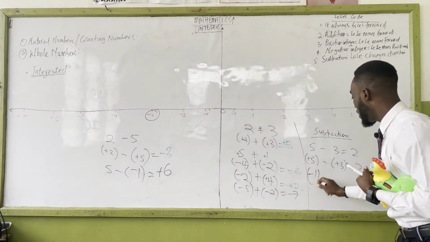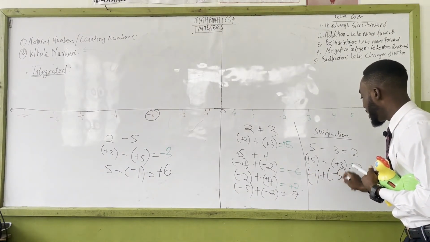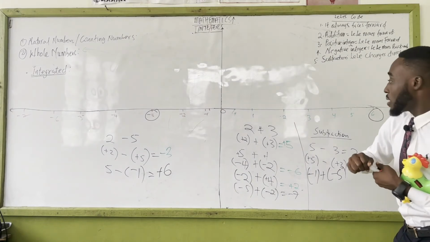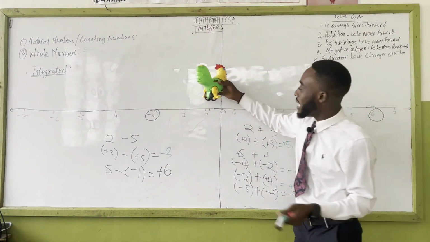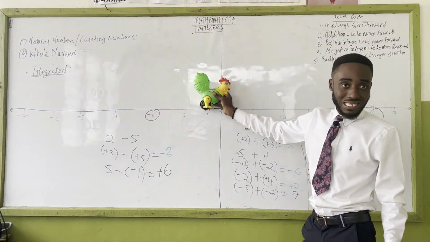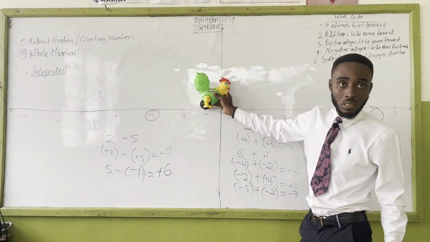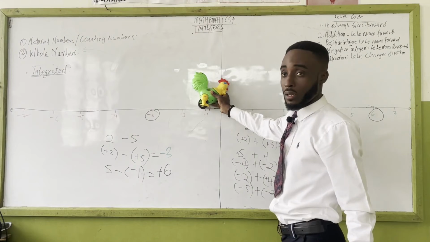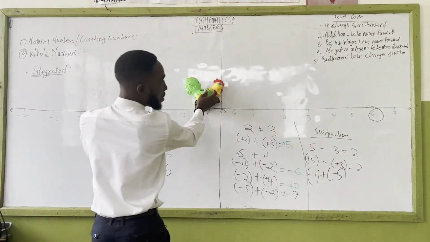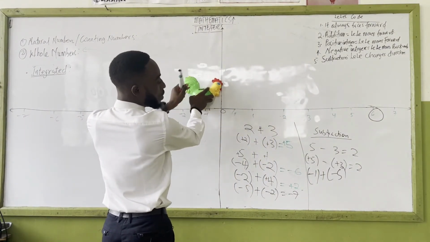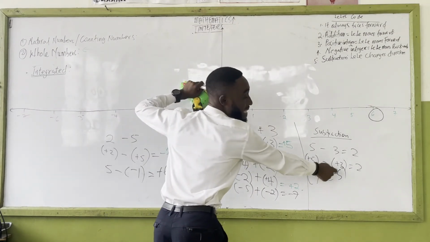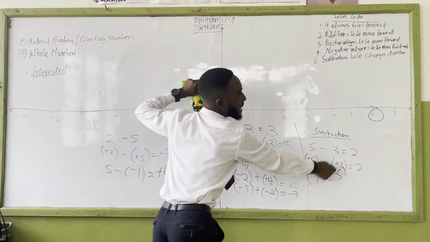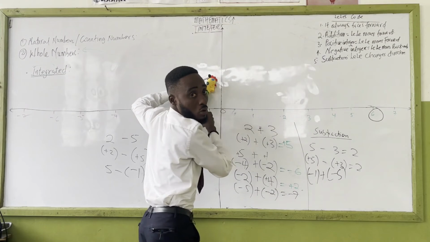Negative 1 plus negative 5, right? So negative 1. Lele is here, right? Plus means you should do what? Sorry, plus negative 5. Negative 5 means you should go backwards.